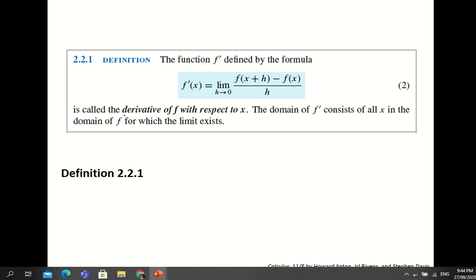This is what we call the derivative of f, meaning the derivative of function f with respect to x. The domain of f prime consists of all x in the domain of f for which the limit exists. Okay, so I hope you can see the difference between the two definitions, class.